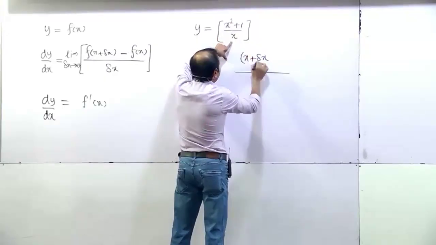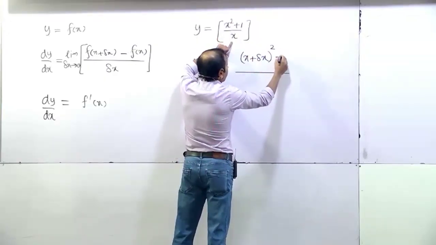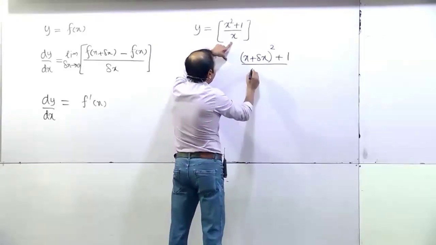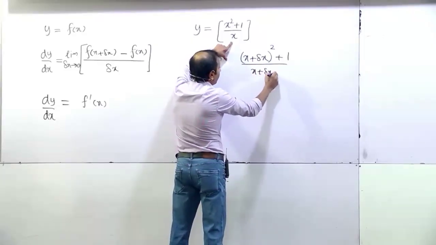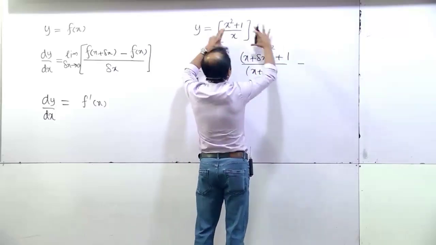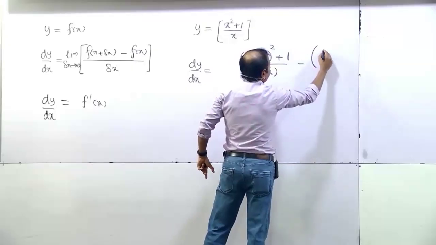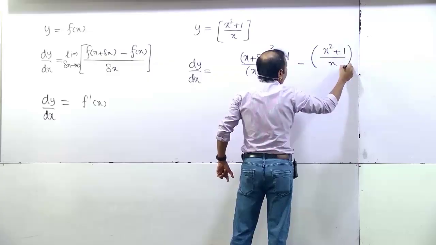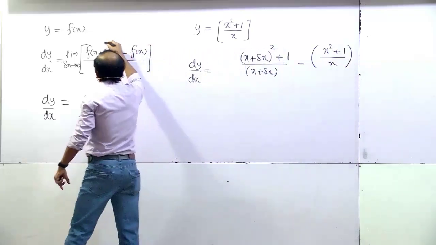Here we have (x plus delta x) squared plus 1, and the whole thing divided by x plus delta x. And then subtract the same thing, x squared plus 1 over x. That is this part I wrote.